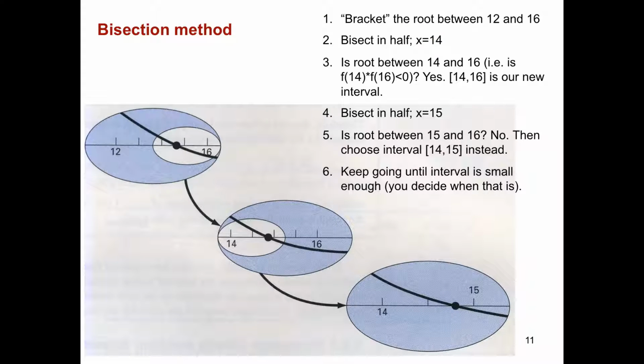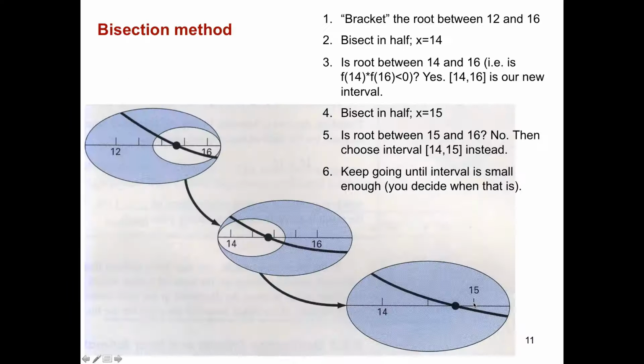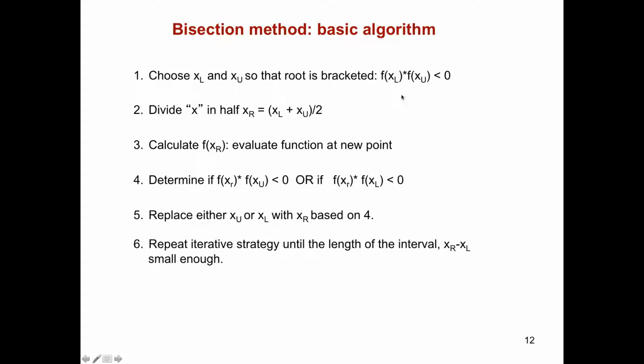So let's work with this function, since you already have it programmed from last time. I want you to create a bisection.m that will start from the 12, 16 interval as the first choice. It can be a script, it can be a function, that's up to you.